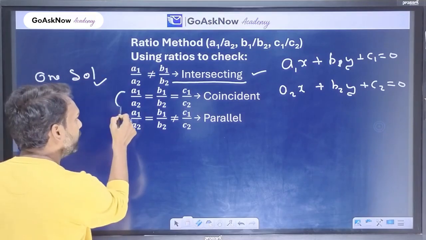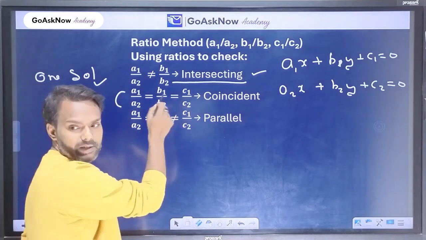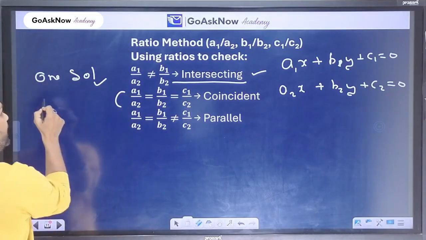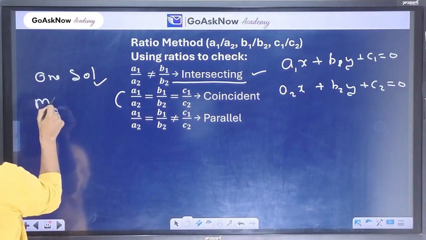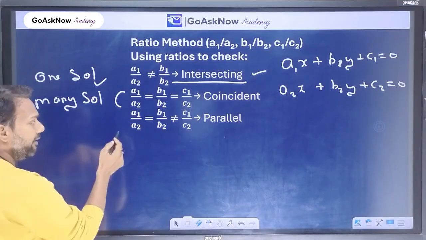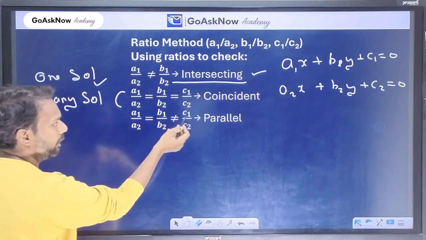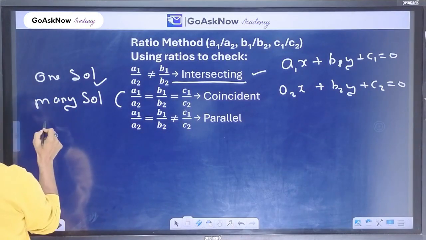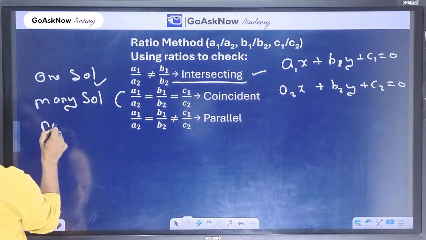If a1 upon a2 equal to b1 upon b2 equal to c1 upon c2, then we say it's coincident, meaning many solutions. If a1 upon a2 equal to b1 upon b2 not equal to c1 upon c2, it means they both are parallel, meaning no solution.